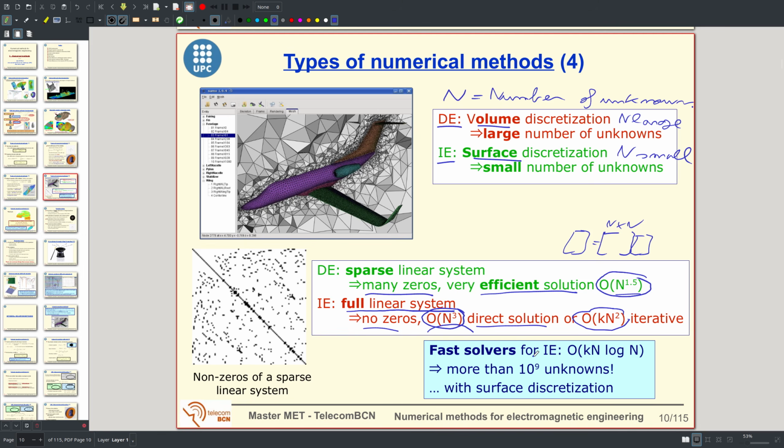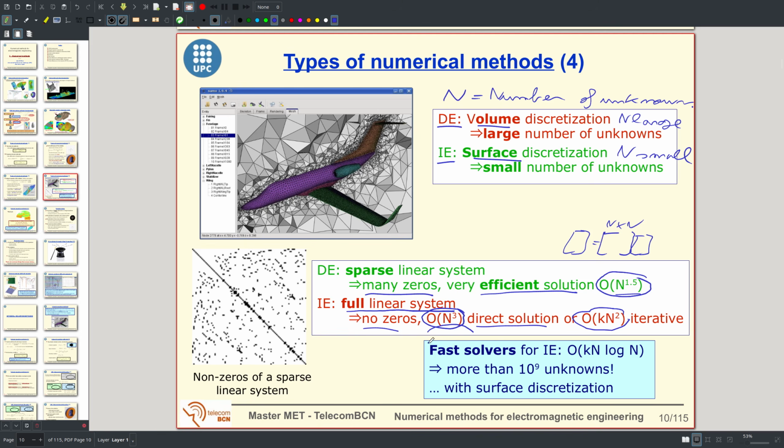So in this case, it's not clear if it is better to use a differential equation method or an integral equation method. In fact, normally it's better to use an integral equation method with surface discretization.